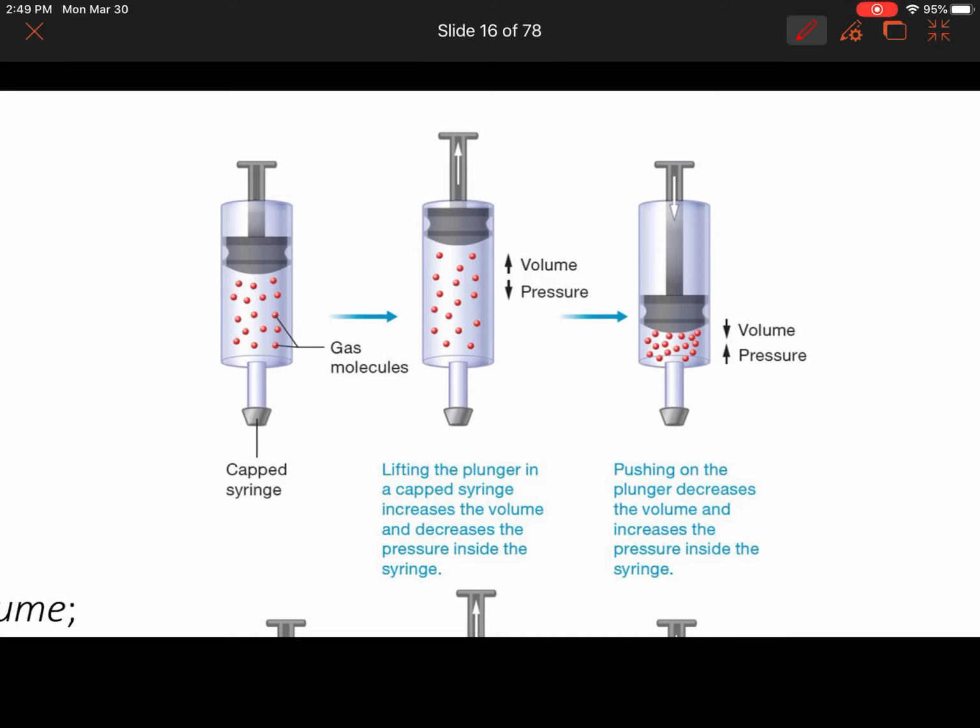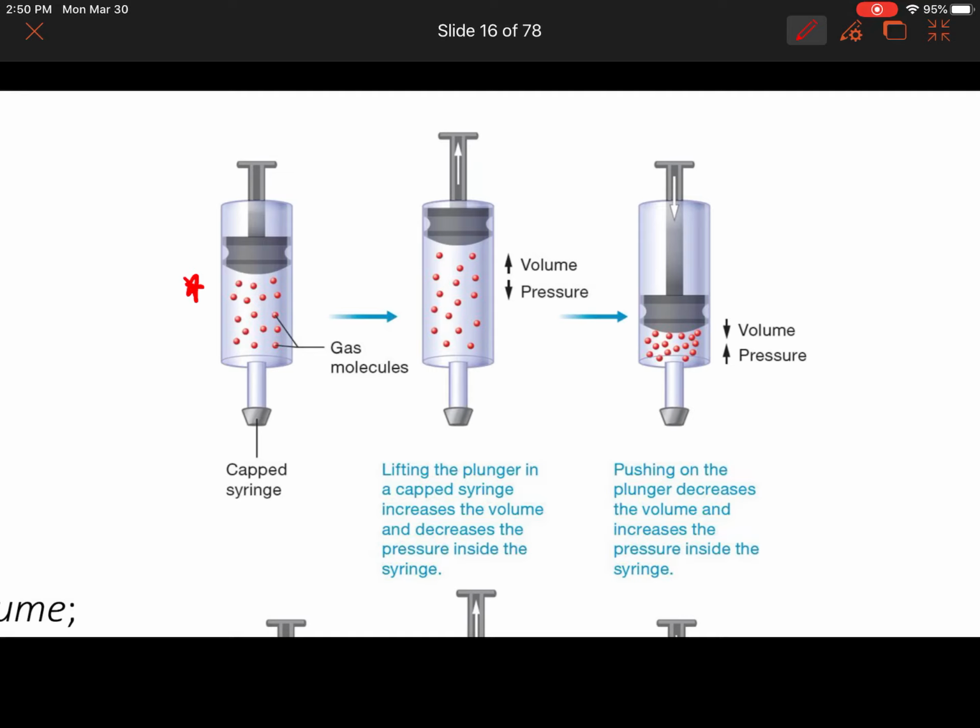Here we have a syringe which has a volume of air or gas within it. So this syringe is basically representing the lungs. This first syringe has a quantity of gas molecules, whatever that is, or a volume of gas molecules.